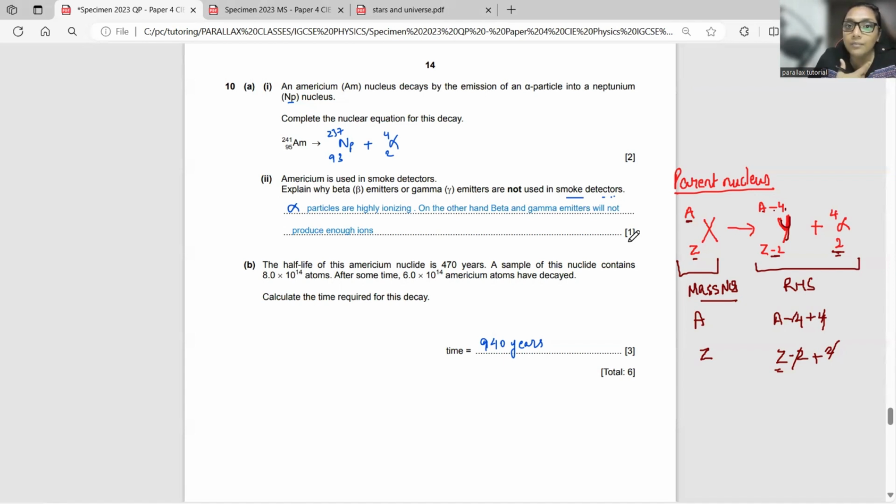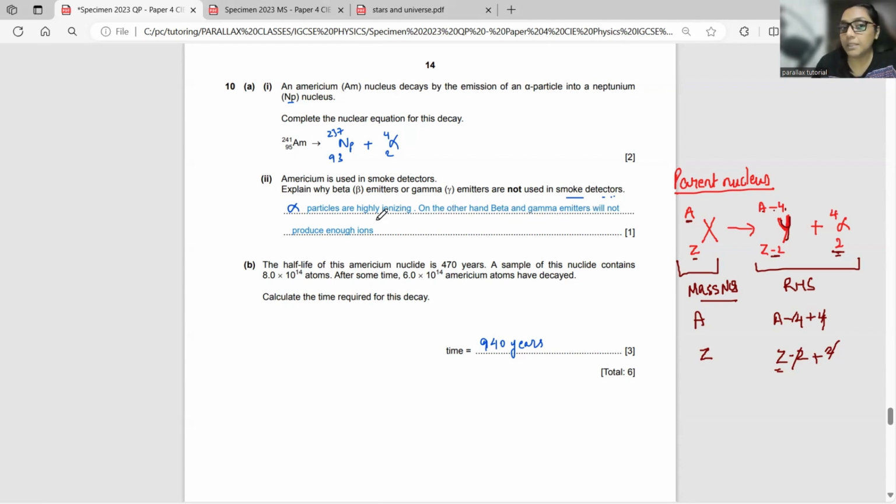Therefore, they will ionize the smoke particles, due to which they will be able to detect the smoke particles. You don't need to go into the details of what exactly happens because it's just a one marker. The main point which will give you that one mark is just writing down that alpha particles have more ionizing power than beta and gamma.